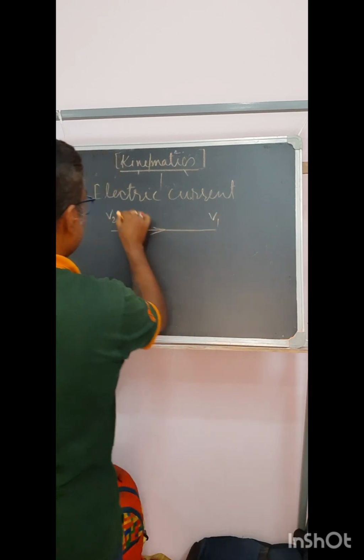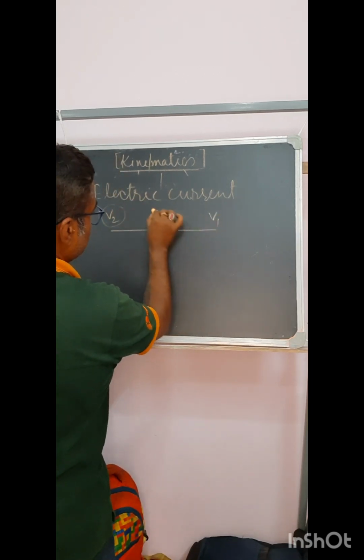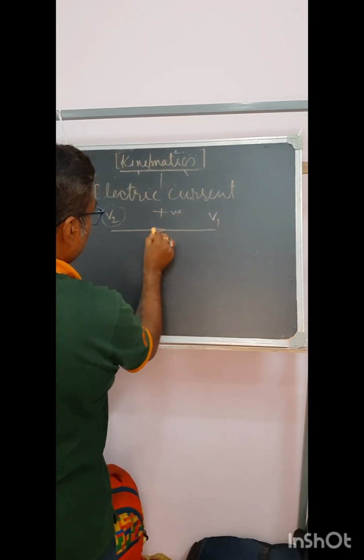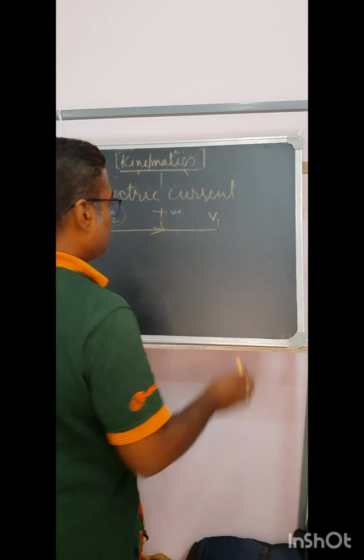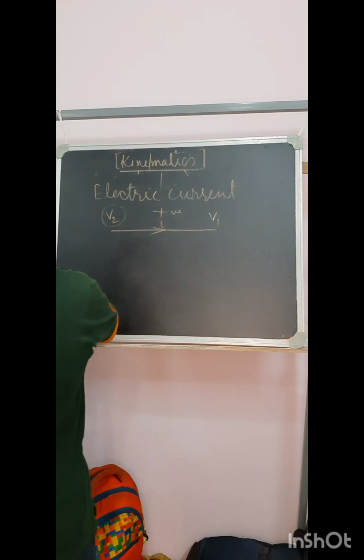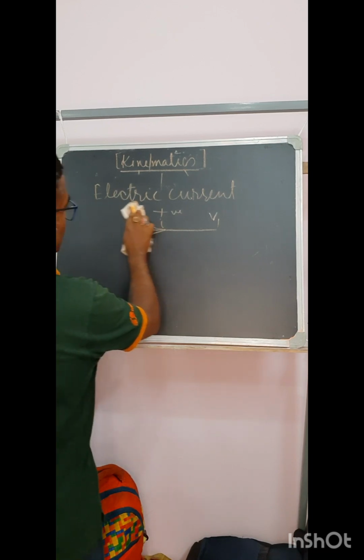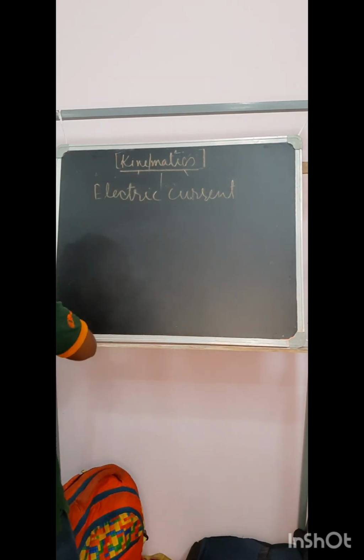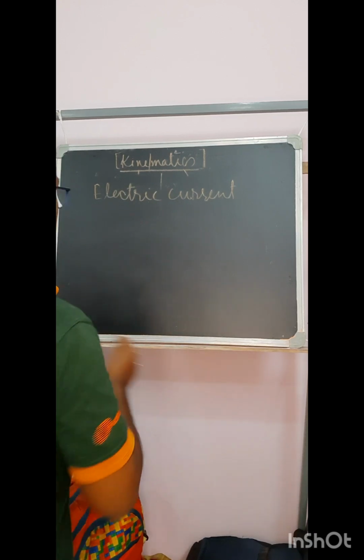If the voltage difference from this to this is positive, then current will flow this way. So it must have some direction. But even though it has direction, it is not a vector, it is a scalar, we consider it as a scalar. But how come it is a scalar?